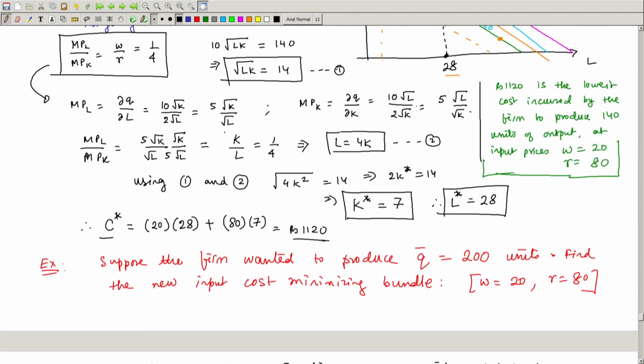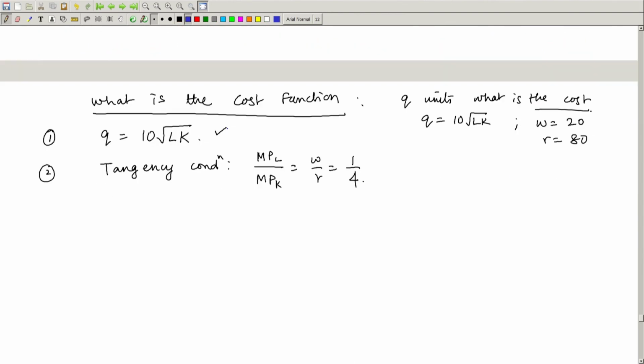The MPL is exactly what I identified here. MPK also will be the same. So, the ratio of MPL over MPK must also be the same. Even if I write down the MPL and MPK again, I am going to get the ratio as K by L must be equal to 1/4, which means L will be equal to 4K.